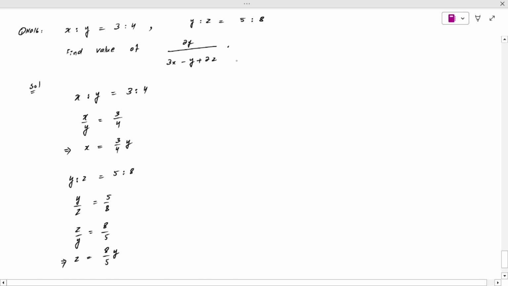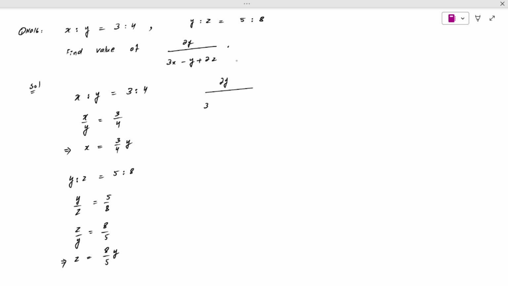So these are the values of x and z. Let us put the values of x and z in the given fraction, which is 2y divided by 3x minus y plus 2z.